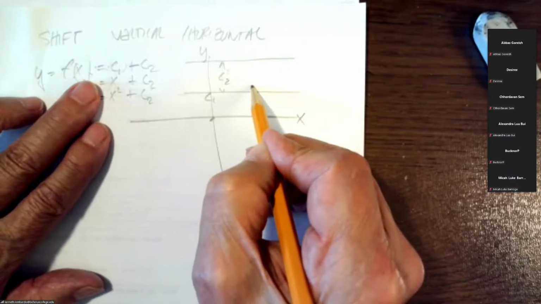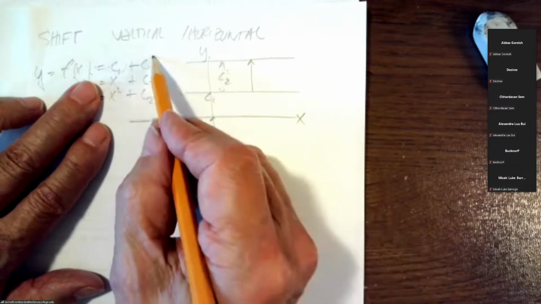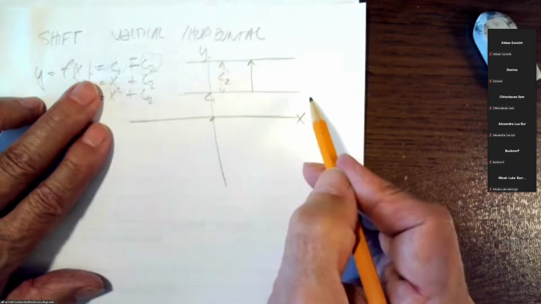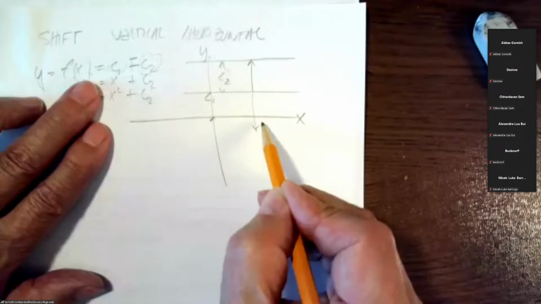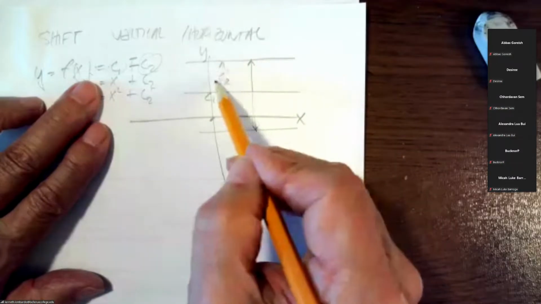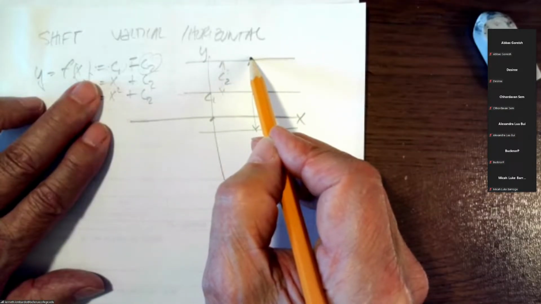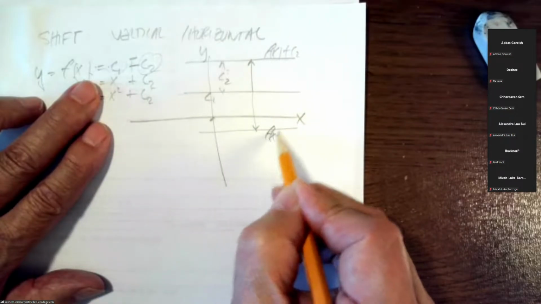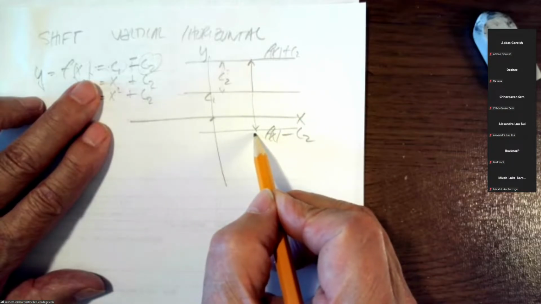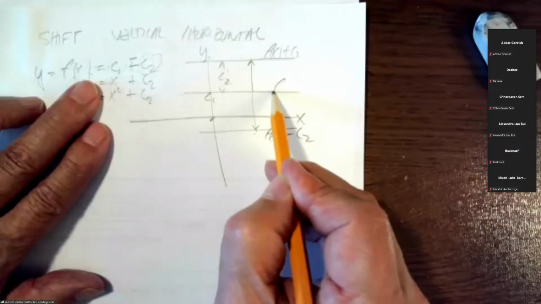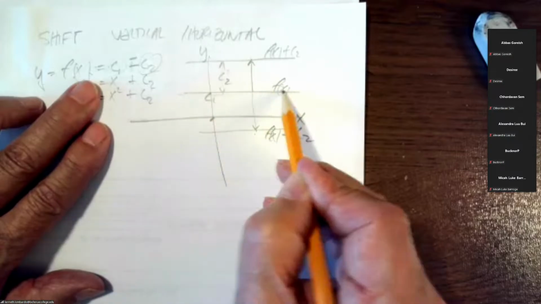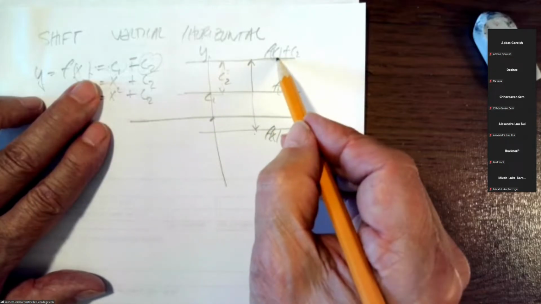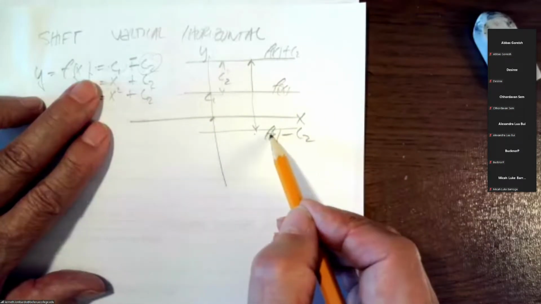We have now shifted vertically by a value of positive C2. I could have made this a negative value and shifted it down. So now we have f of x plus C2 up here, and here we have f of x minus C2 down below. Okay, and then here's just f of x, which is this value here. So we're shifting whatever the function is defined as. We're shifting it up a constant value, or we can shift it down a constant value.